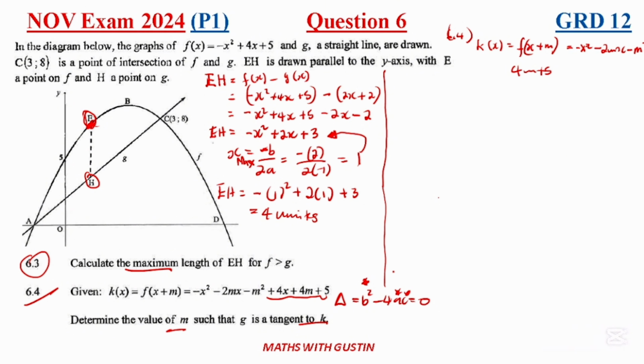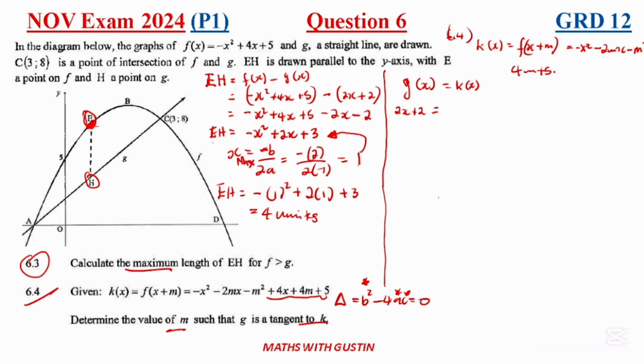There you go. All right. So now what do you do in this case? You can come here and say, therefore g of x, a tangent will occur where the two functions are touching. So g of x needs to be equal to k of x. So g of x is 2x plus 2.